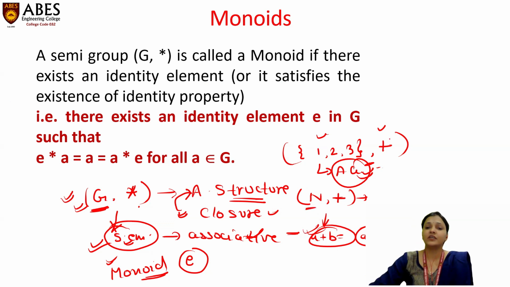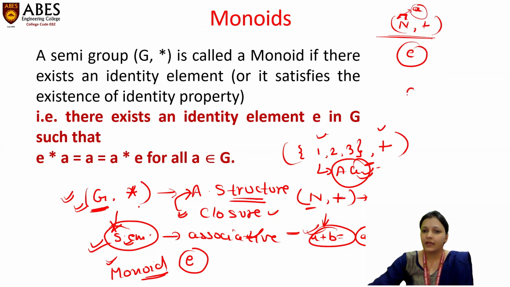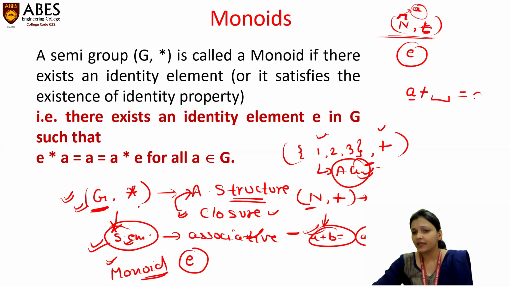Now we will check whether it is a monoid or not. A semigroup is a monoid when there exists an identity element in the set. Here the set we are considering is this. How will we find an identity element? For example, if we consider any element from this, for example, A is a natural number, and we apply the given operation, here the addition operation, so if we add something to the natural number and get A back, then this value will be your identity element.